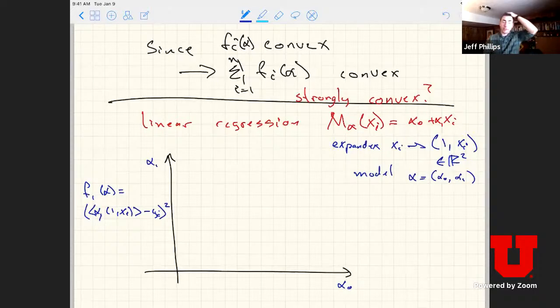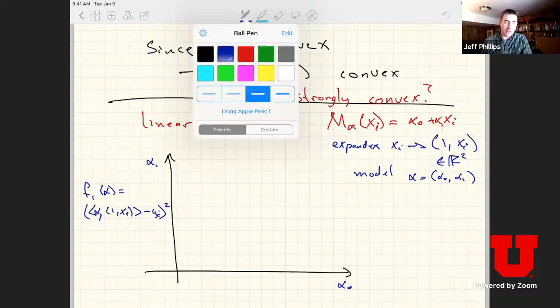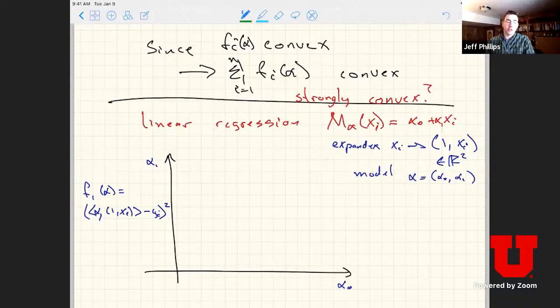So that's what the model function looks like. It's a dot product squared with something. And what that's going to mean is, where is this function going to be equal to 0? It's going to be equal to 0 when alpha dotted with 1, xi is equal to yi.